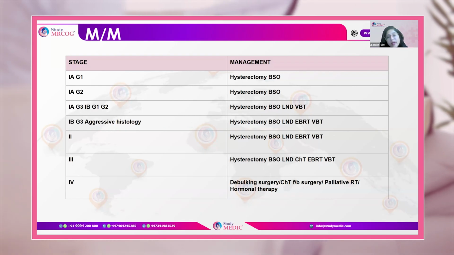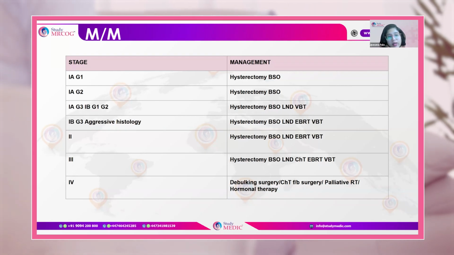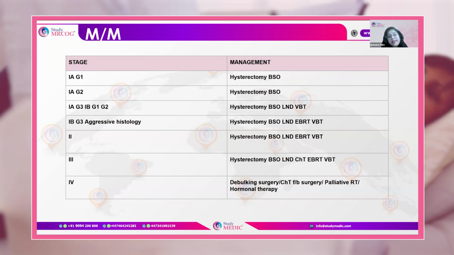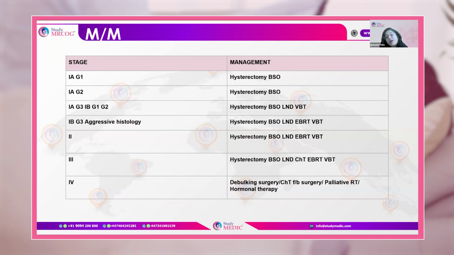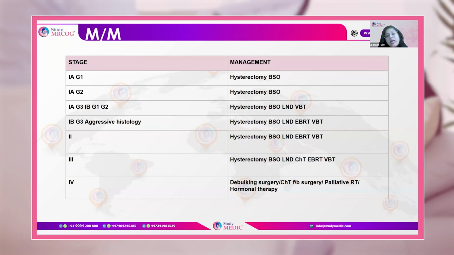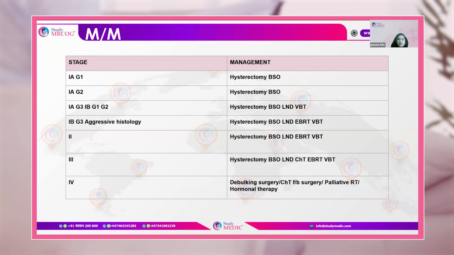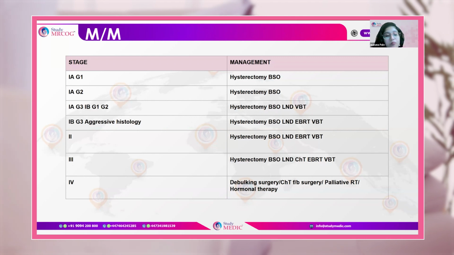In 1A grade 1, just a hysterectomy with BSO will suffice, both in 1A grade 1 and grade 2. However, if it is 1A grade 3 or 1B grade 1 or grade 2, you have to do a lymph nodal dissection as well as a VBT. So this is very, very important.